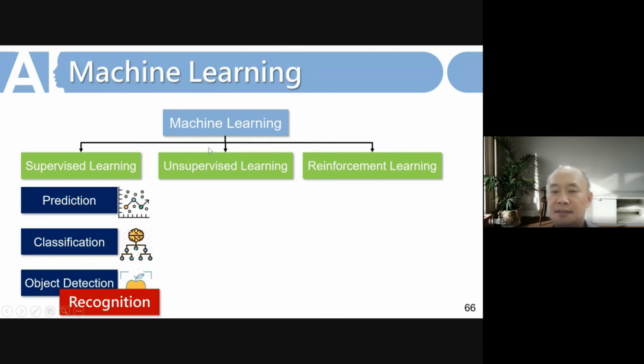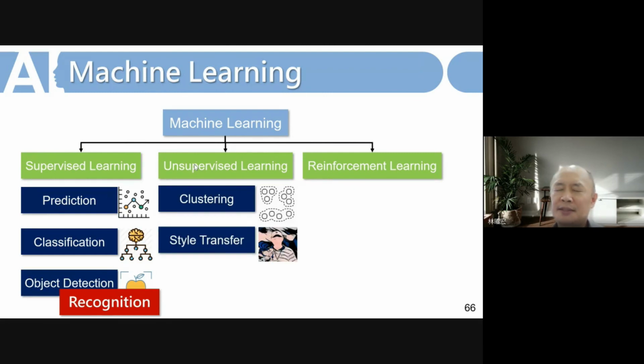It trains a model without labels. In some cases you have the data, but you do not have the labels. Unsupervised learning can be used for specific tasks, such as clustering, and style transfer is a typical example. Unsupervised learning can also be used for generation.